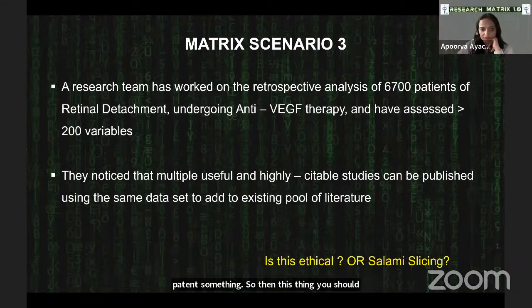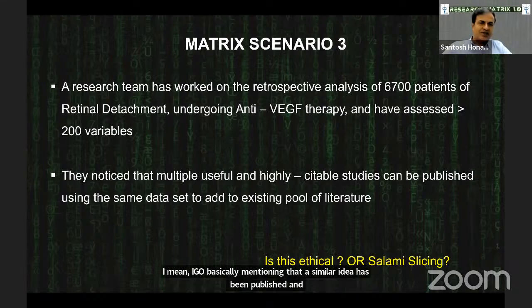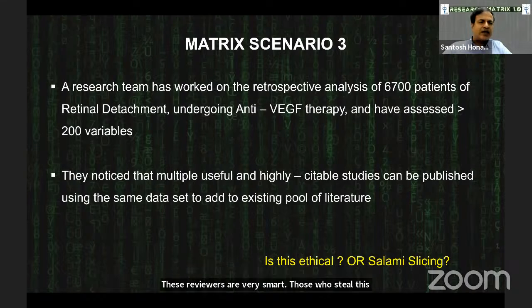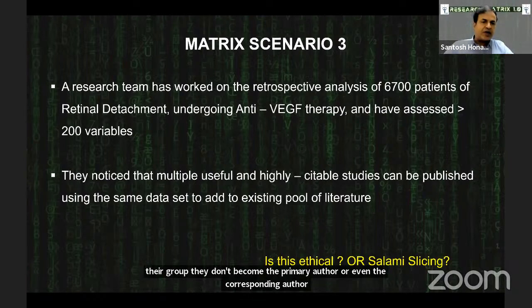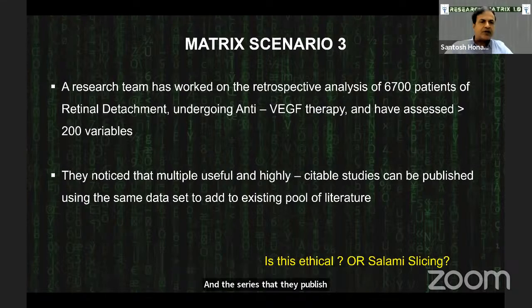Okay. But what Apurva pointed out actually happens. We used to get at least 3 to 4 complaints every year, basically mentioning that a similar idea has been published. And these reviewers are very smart. Those who steal this idea, they publish it in somebody else's name from their group. They don't become the primary author or even the corresponding author. And the series that they publish is invariably very large, much larger than the paper that they are reviewing.